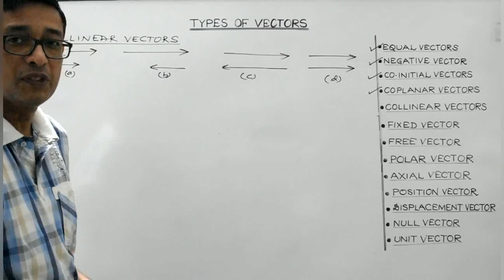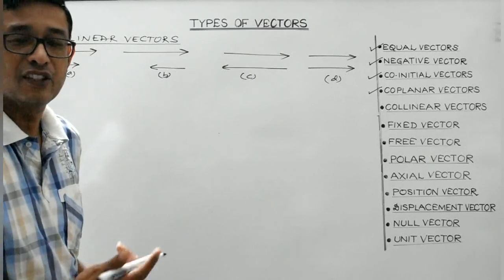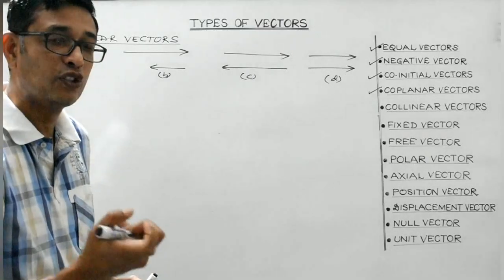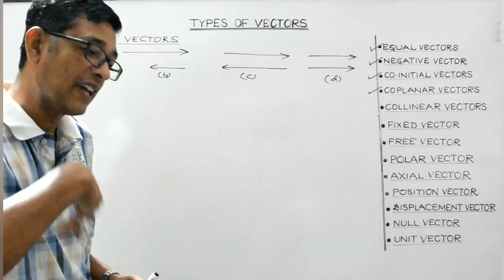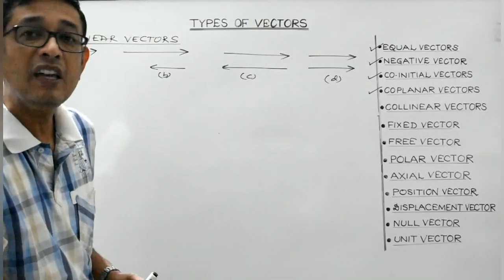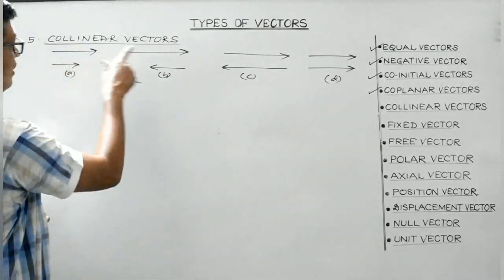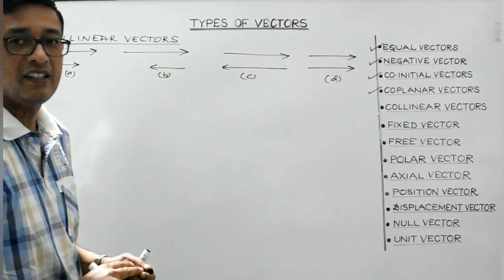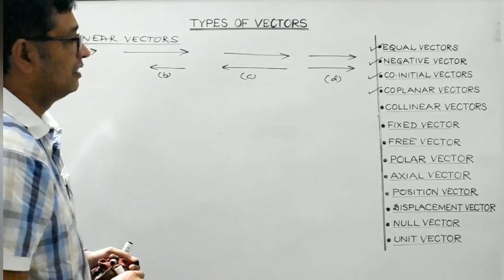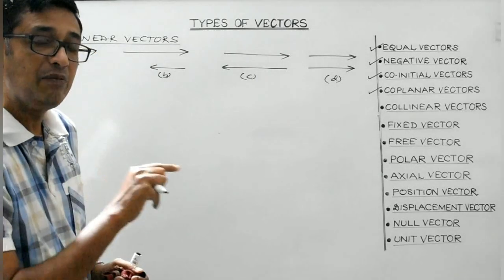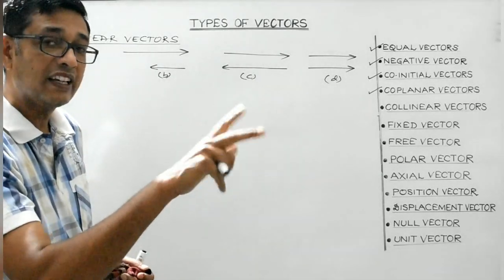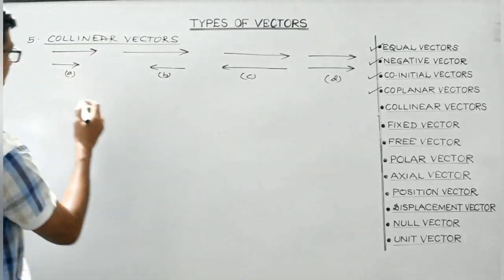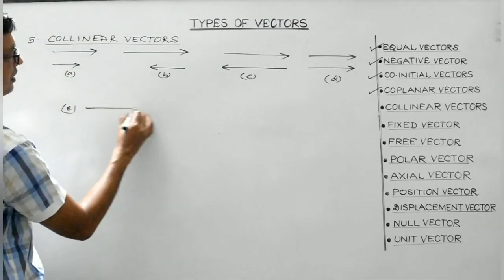So what do you observe from this diagram? For the vectors to be collinear, the magnitude can be equal or unequal. Here they are of equal magnitude, but here they are of different magnitude, right? Second, they can act along the same direction or in a different direction. There can be another diagram as well. It can be like this as well.